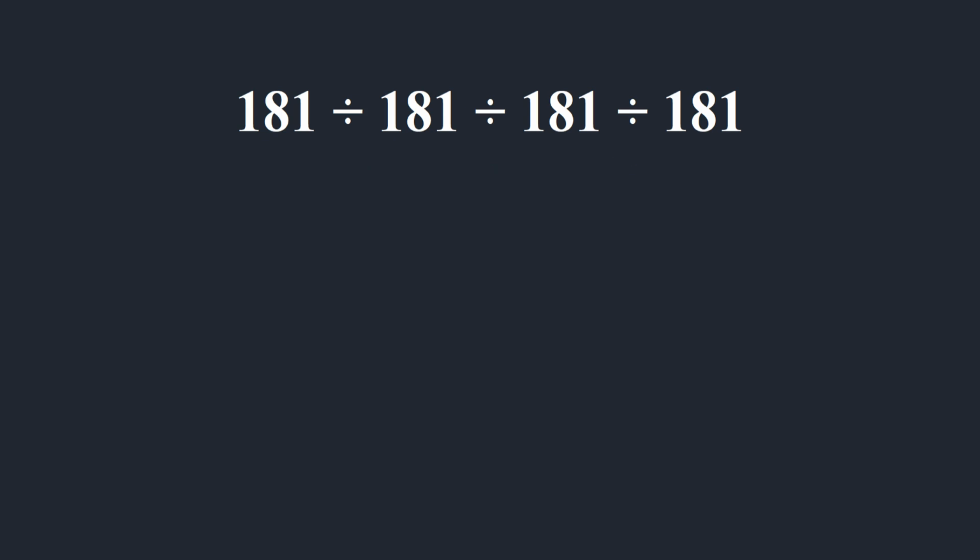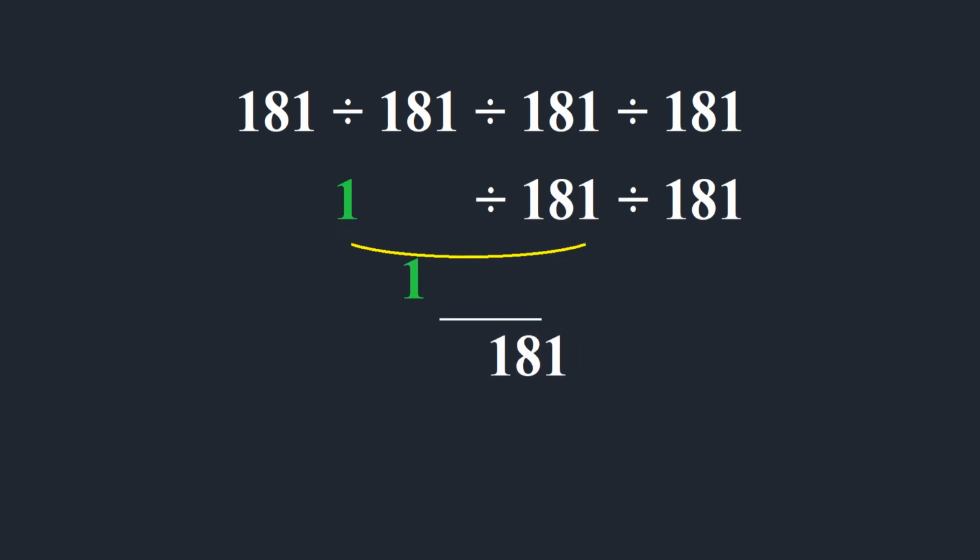So we have first this division, 181 divided by 181 equals 1. So we have 1 divided by 181 divided by 181, and we can write this part as 1 over 181 divided by 181.